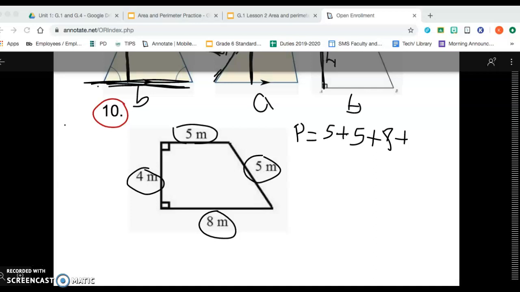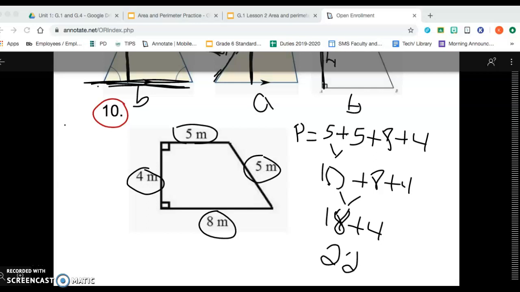So plus 4. When you add those, 5 plus 5 is 10, plus 8 plus 4. 10 plus 8 is 18, plus 4 is 22. So your perimeter is 22, and remember, it's just going to be meters, it's not squared.